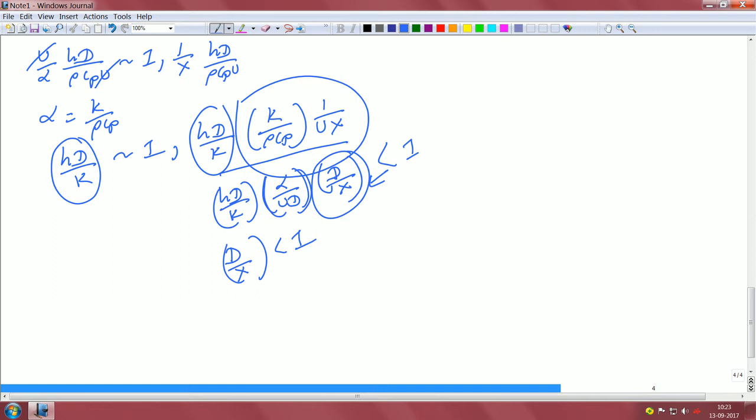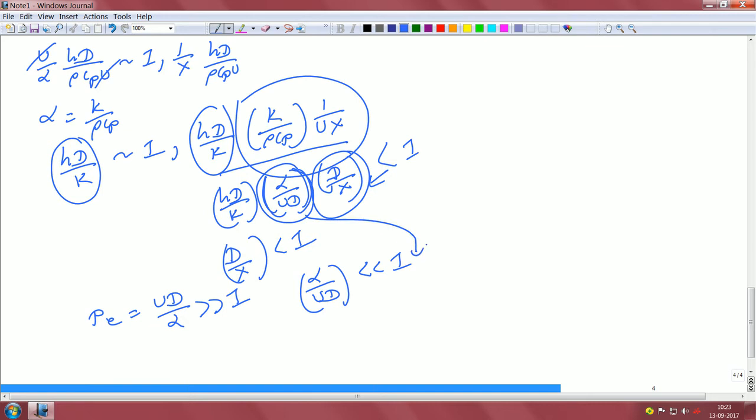However, if we define a number called the Peclet number, Pe, as ud by alpha, and we say that the Peclet number is much greater than 1, that means alpha by ud should be much less than 1. In other words, this second term within the bracket will be much less than 1.